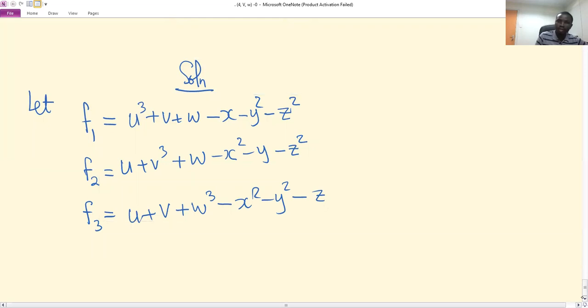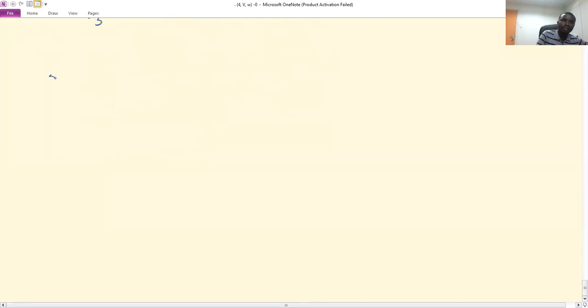So there are two Jacobians for us to evaluate. The first one is the Jacobian of f1, f2, f3 with respect to the variables x, y, and z.